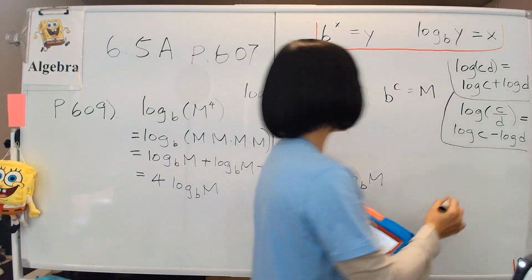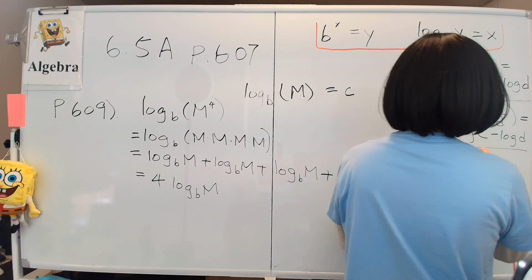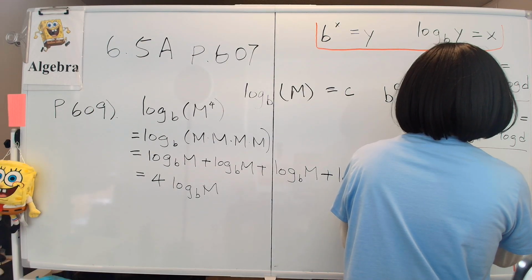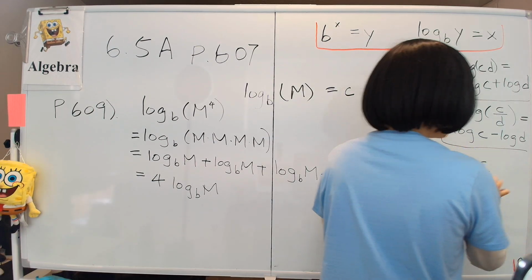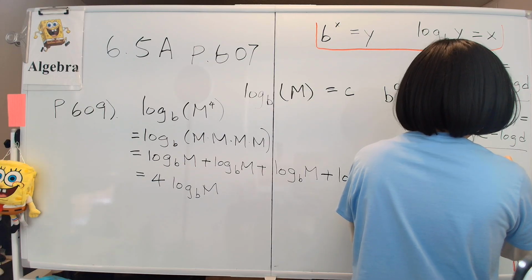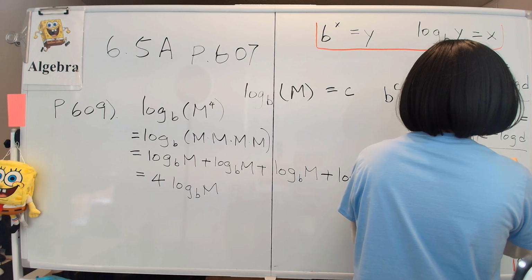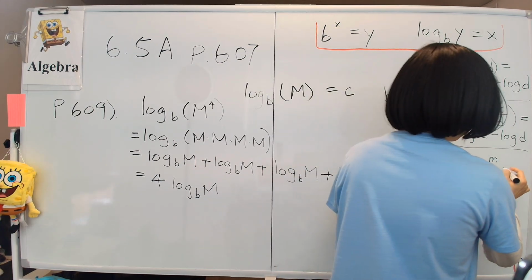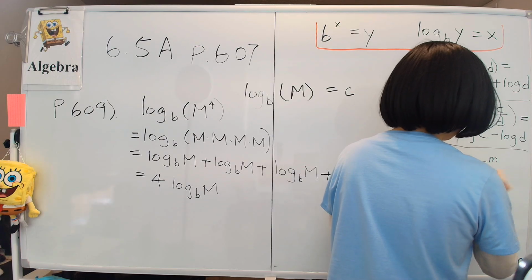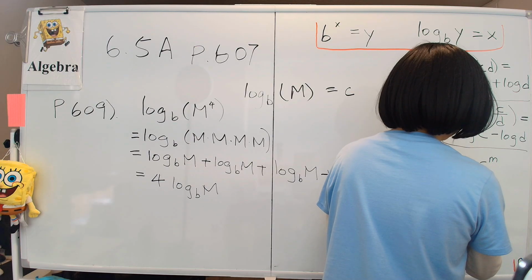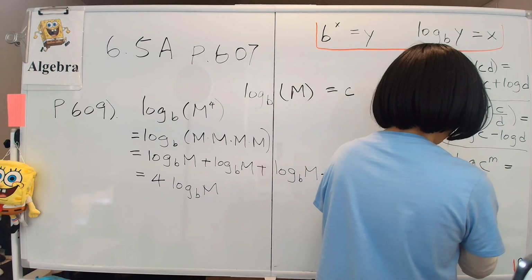And so that explains the power rule, which is, let's say we have log of c, any base, to the power m. That is the same as pulling the m in front. This is the same as m log c.